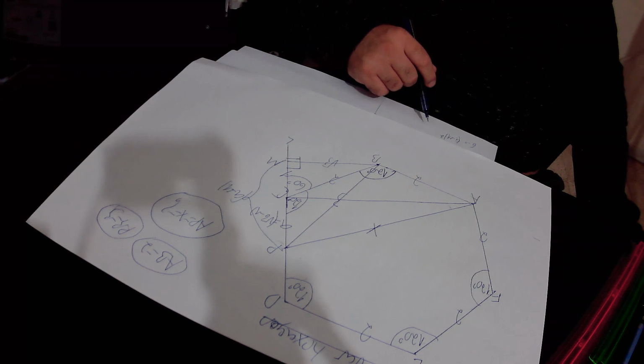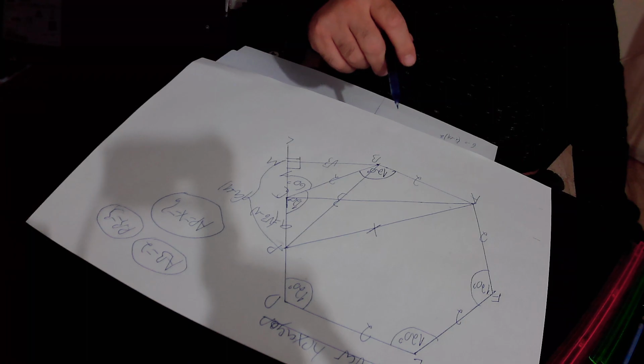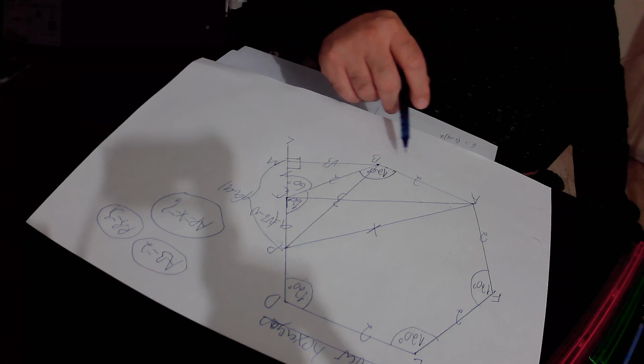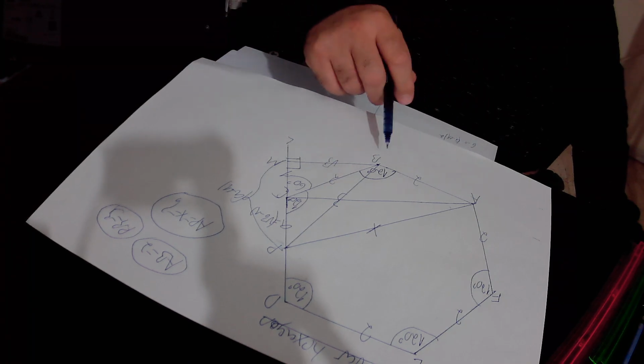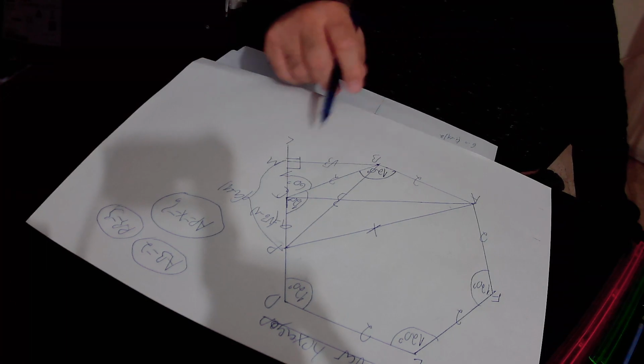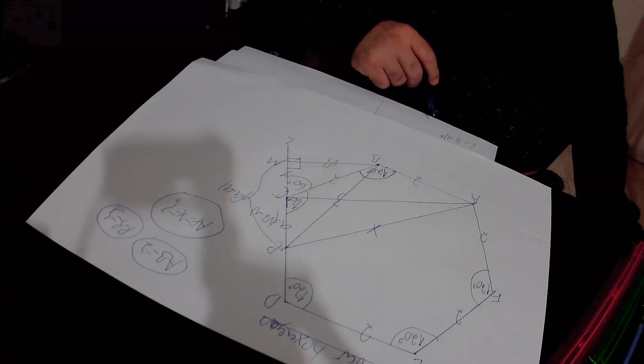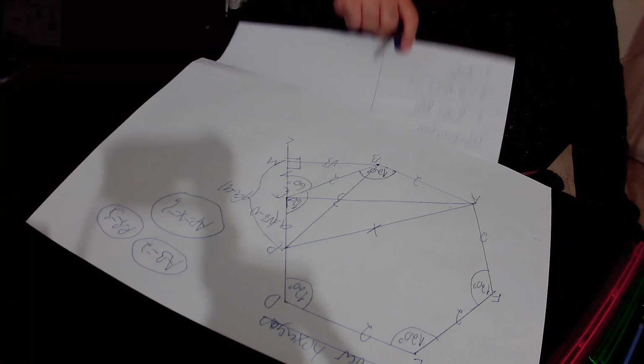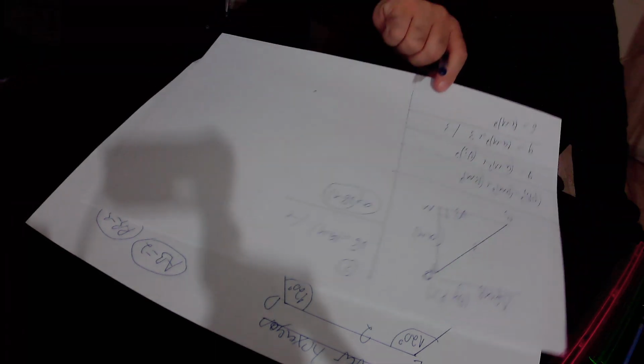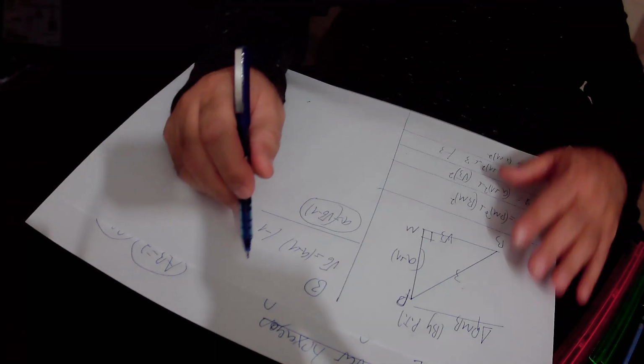So we will implement the law of cosines in this triangle ABC in order to find out the value of AC. First of all, I will remind you what the law of cosines is.